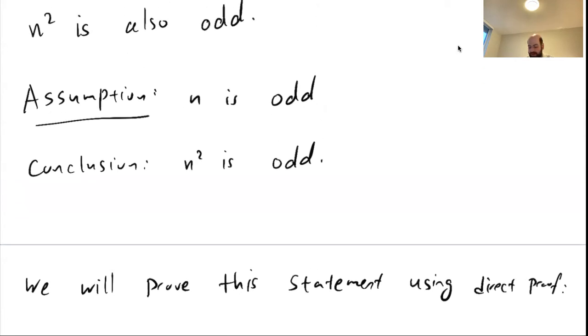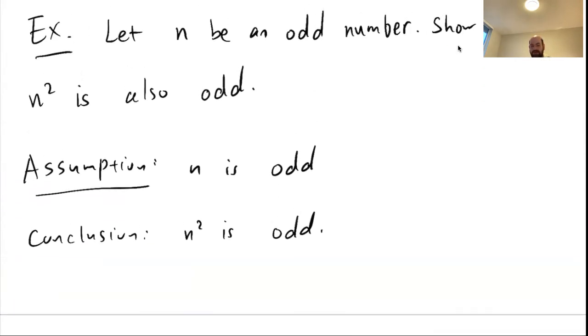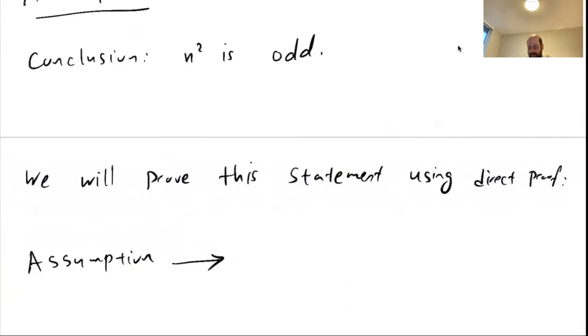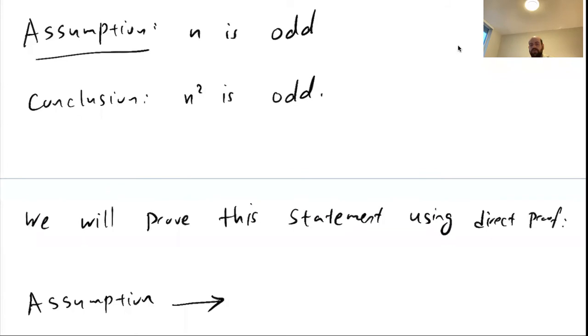So here the statement is mentioning an odd number. So what is the definition of an odd number? This is very important, okay? So we start with the assumption. Assumption says n is odd. Now, what is the definition of an odd number?